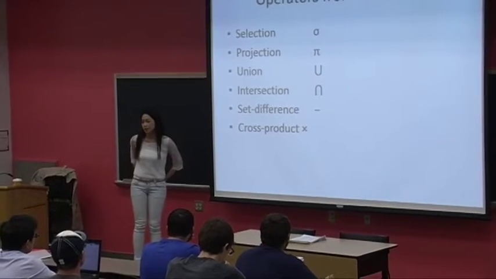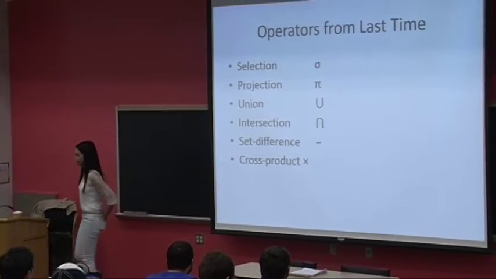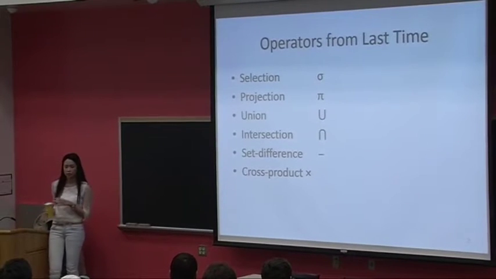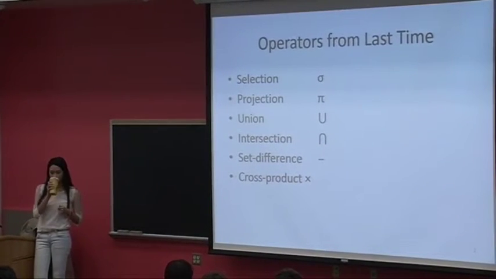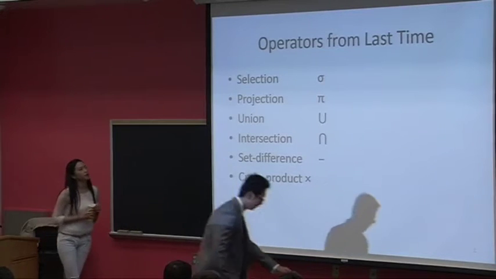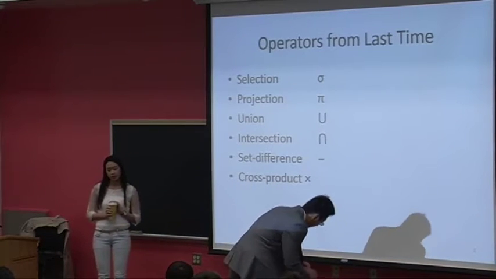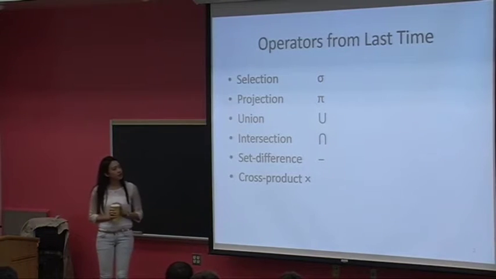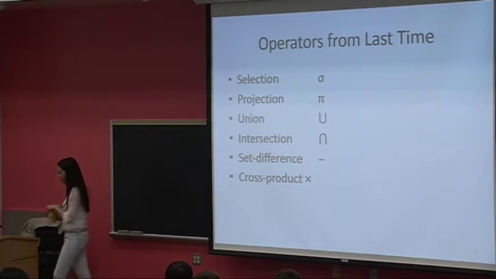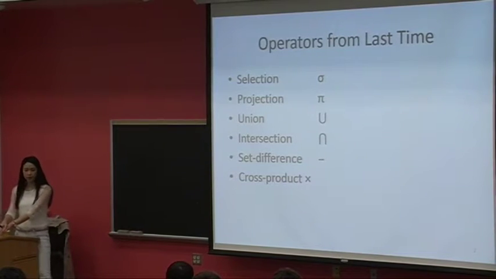Anyone can tell me what the selection is? What is it for? Select rows based on the condition given to the selection, right? The second one is projection, so we use pi to denote that. What does projection do?